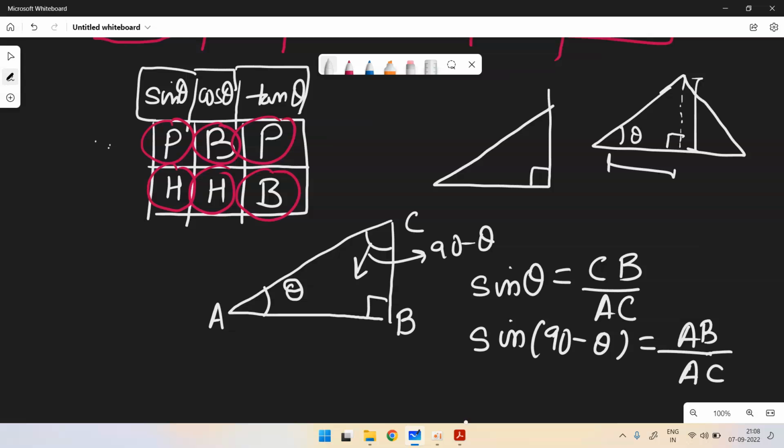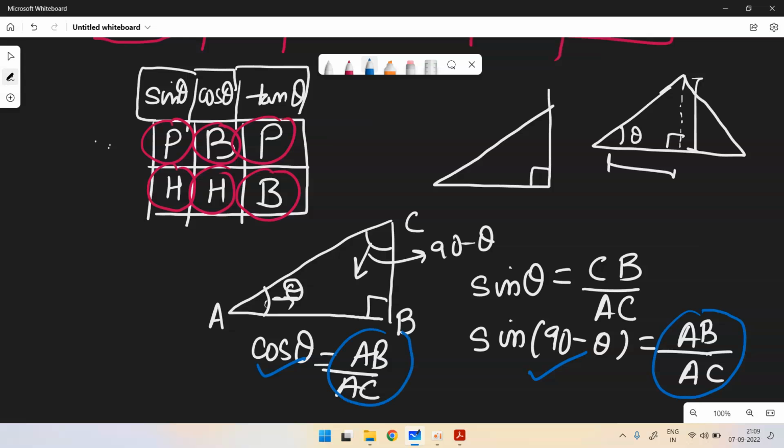Now from angle A, cos theta will be base, that is AB, by hypotenuse, that is AC. Now you can see that cos theta is sine 90 minus theta. This is the same, AB by AC.